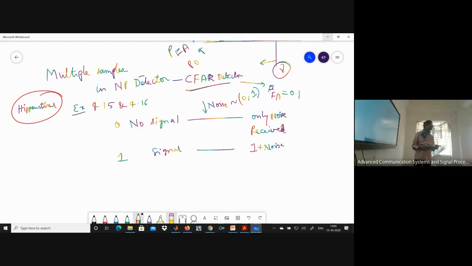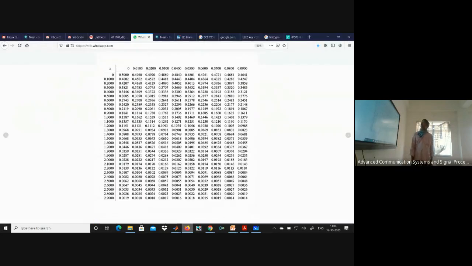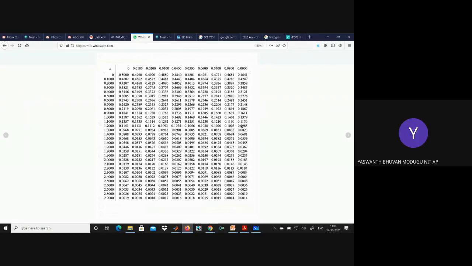If you want me to open that, I can open it. So probability of false alarm is 0.1, right? That means I believe it is somewhere over here, 1.28.